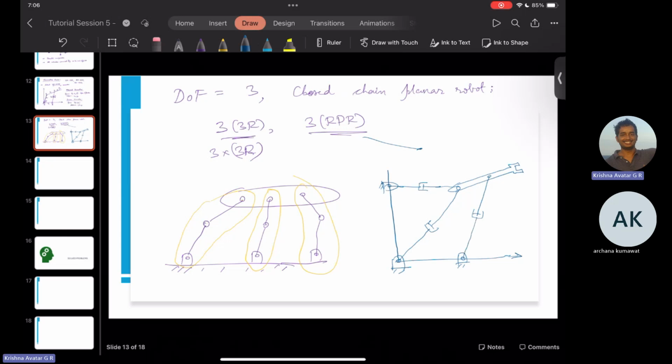So we have one chain RPR, second chain RPR, and third chain RPR. And then the end effector is here, which makes some angle phi with respect to the x-axis. Likewise, here also we'll have all those forward kinematics and inverse kinematics approaches going on. Fine.